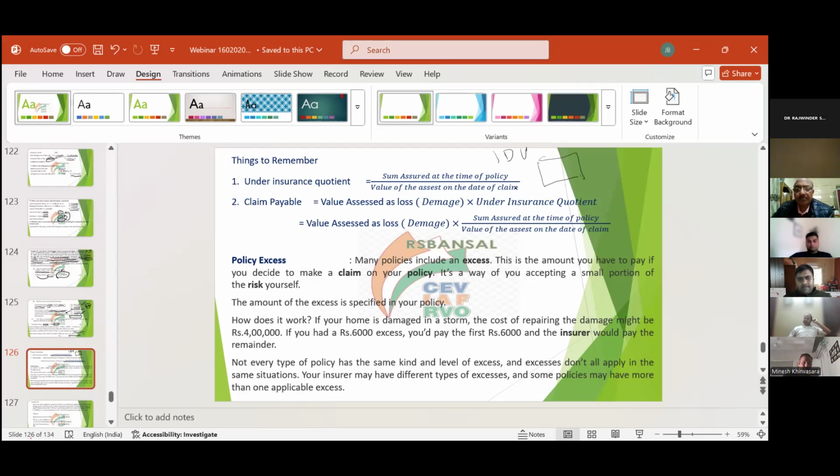Whatever value you declare, on the basis of that, the company will calculate the premium and you have to pay it. But at the time of any loss, the company will appoint a surveyor and loss assessor. He will calculate the depreciated value of your asset.